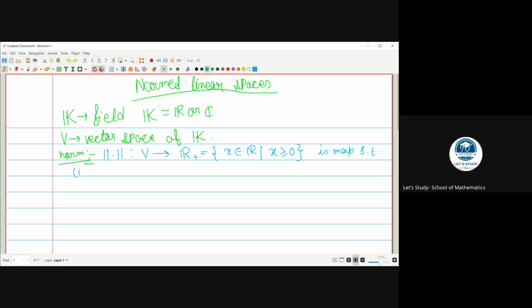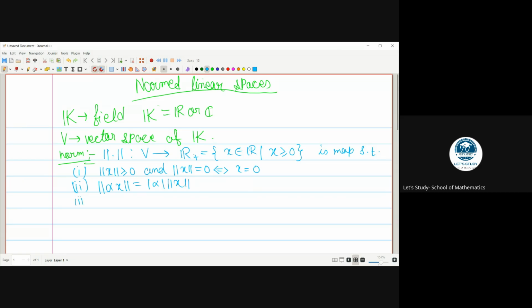First, norm of x is greater than or equal to 0, and norm of x equals 0 if and only if x equals 0. Second, norm of alpha x equals mod of alpha times norm of x.